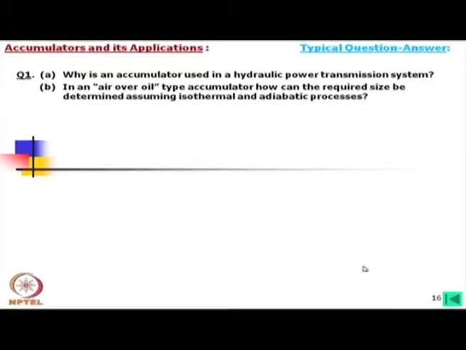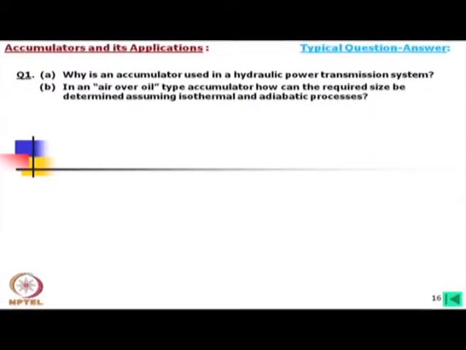Second, part B: in an air over oil accumulator, that means maybe we can think of a piston type, where the gas is air and the bottom is oil, how can the required size be determined assuming isothermal and adiabatic process?